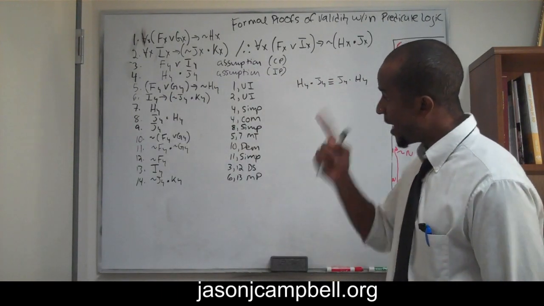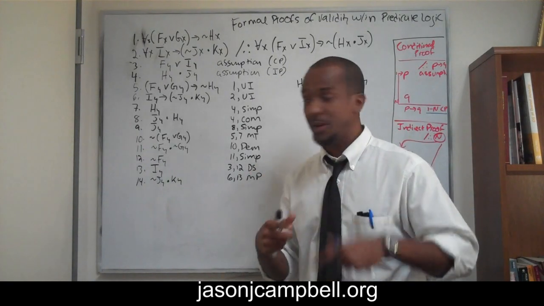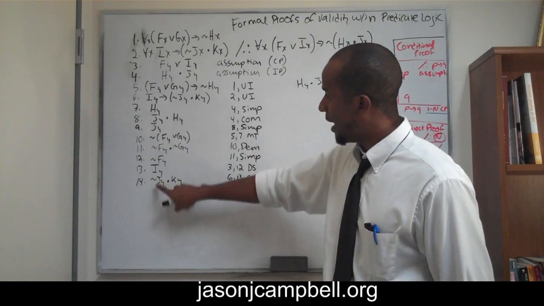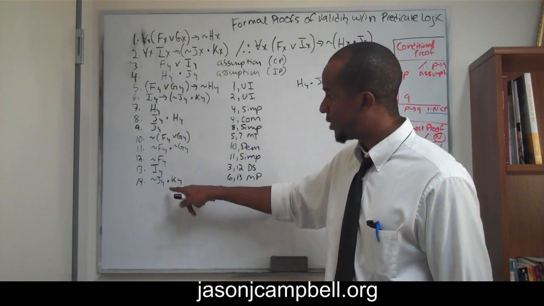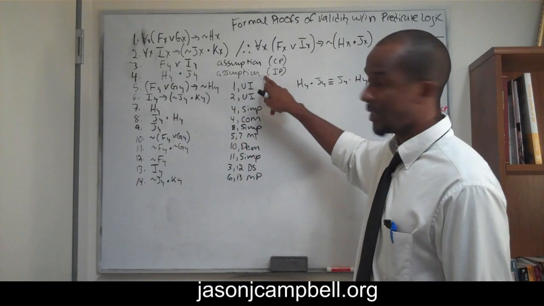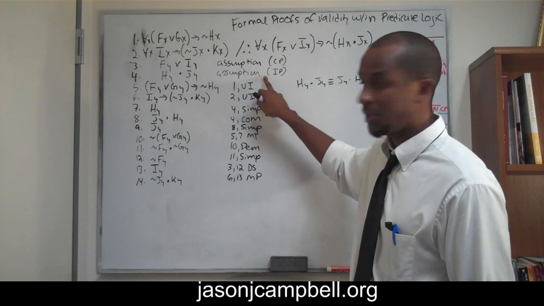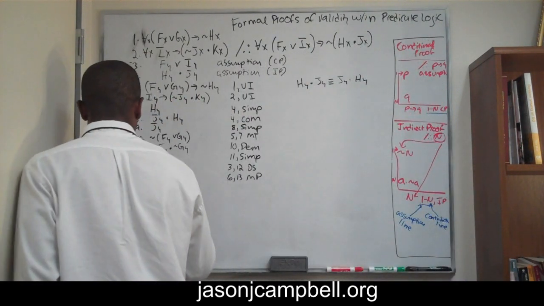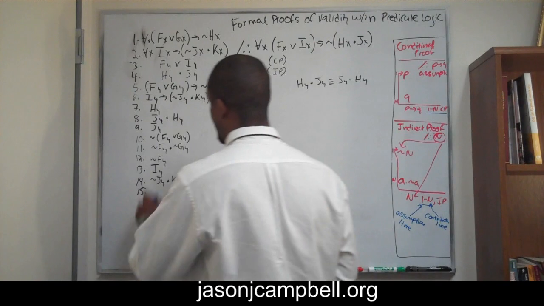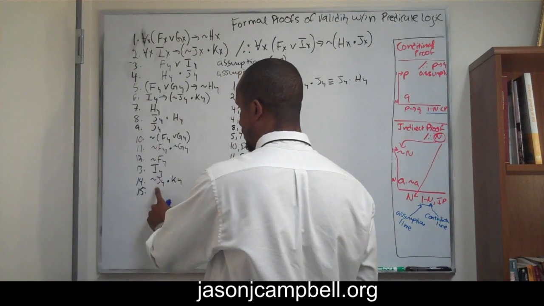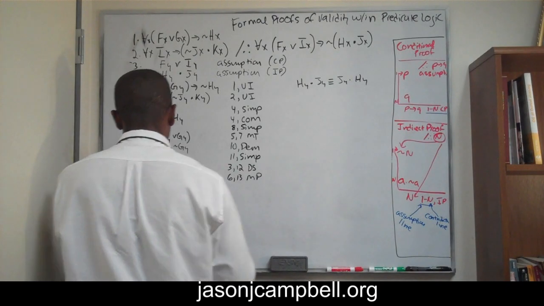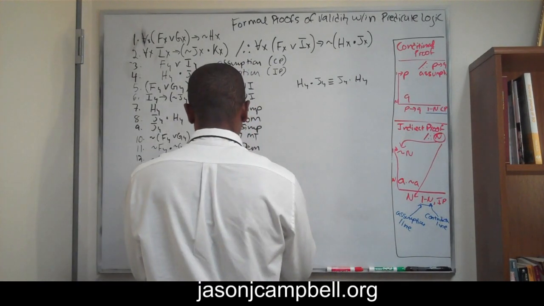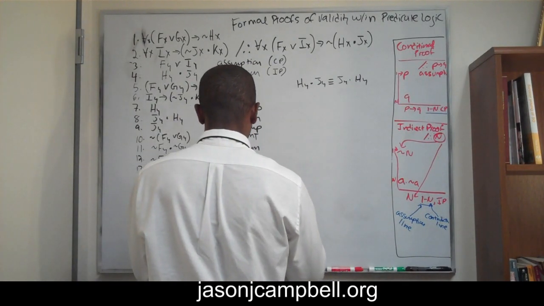Now we see that we can finish this up. We have a Jy here, and I'm about to get a not Jy here. Once I get this not Jy, this is going to conclude my second assumption, because I've derived the contradiction. So on line 15, first we have to do simplification here. So then we get not Jy, which is line 14 simp.